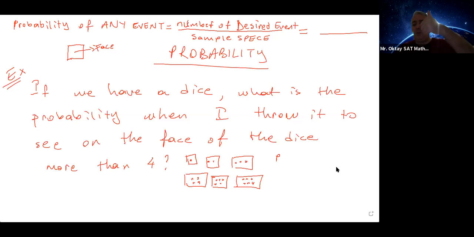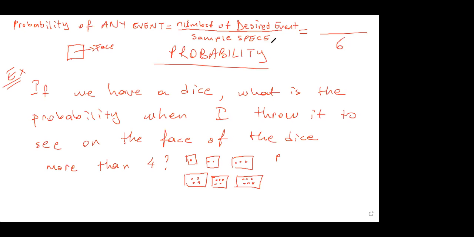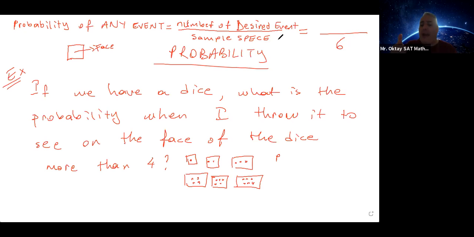The first case to see 1, the second case to see 2, the third case to see 3. So how many cases are there totally? 6 cases. So the denominator is 6. Is it clear? For example, when you toss a coin, head or tail, there are 2 alternatives. So the denominator is 2. Am I clear?